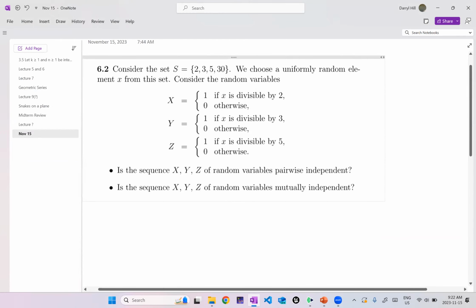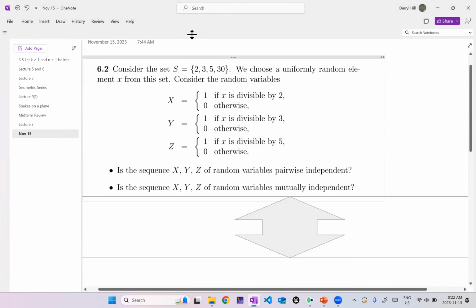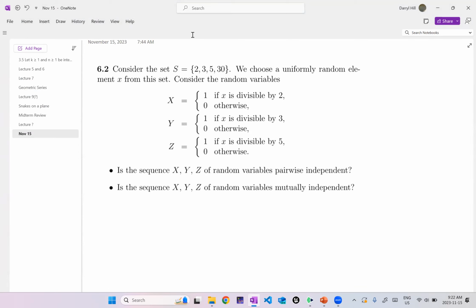Okay. Well, let's try it. And as promised, there's a lot of symmetry, so most of it should go pretty quick. And then we'll take a bit of a break from the hard stuff and go to some easier stuff.